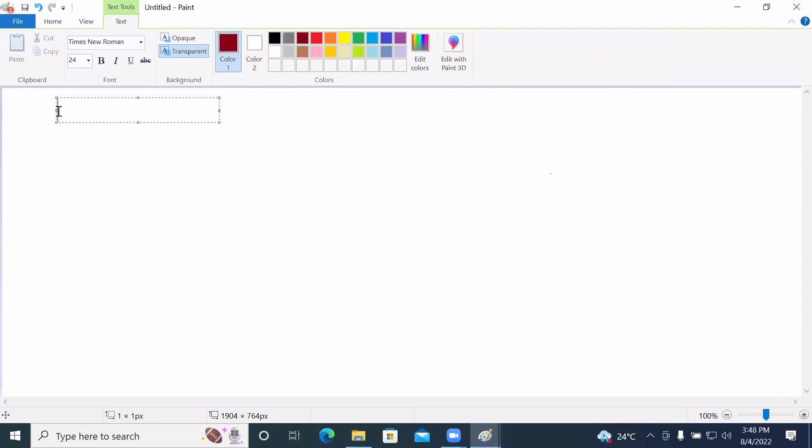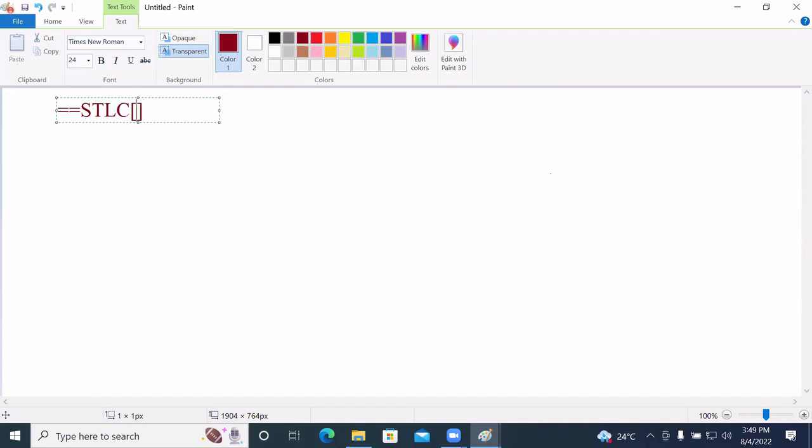So further, take a new heading. Take a new page, not the existing page. Take a new page and write the main heading as STLC.